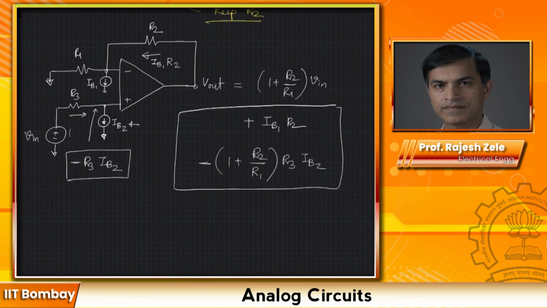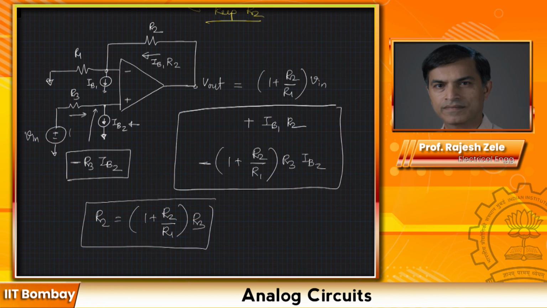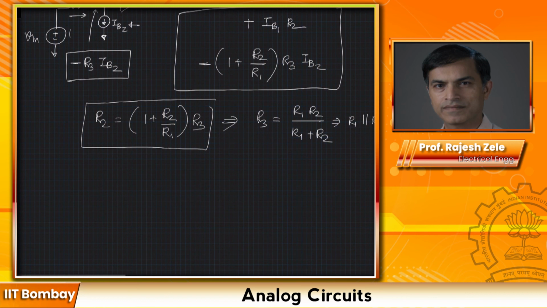In that case, what will happen is if we choose R2 equal to 1 plus R2 divided by R1 times R3, if we do this, which in a way is telling you that R3 is equal to R1 R2 divided by R1 plus R2, which is R1 parallel R2.